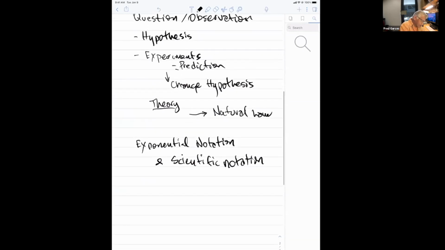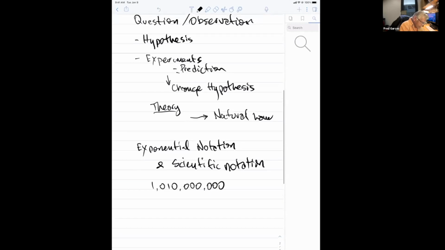So suppose I have a number like 1, 0, 1, 0, 0, 0, 0, 0, 0, 0. You can see that this is a large number. If you were going to read this, this is the thousandth place, this is the millionth place, this is the billionth place.